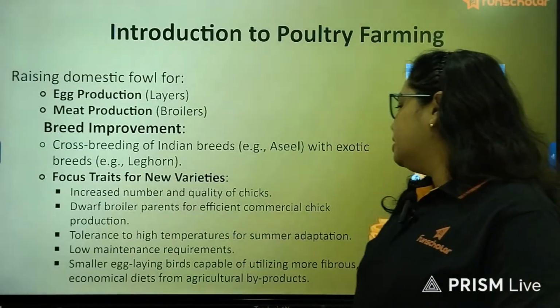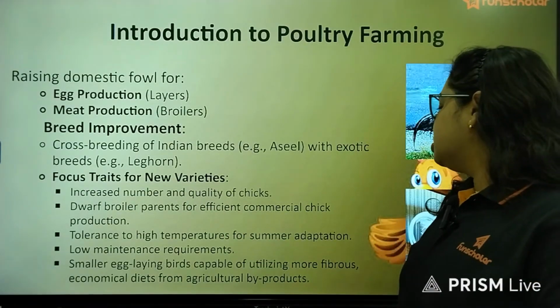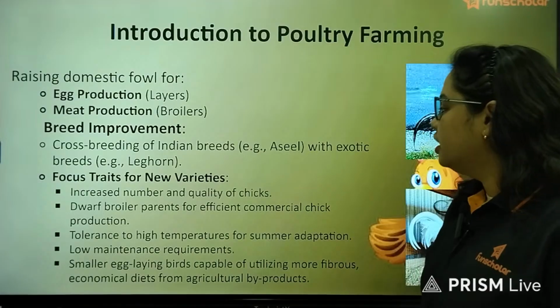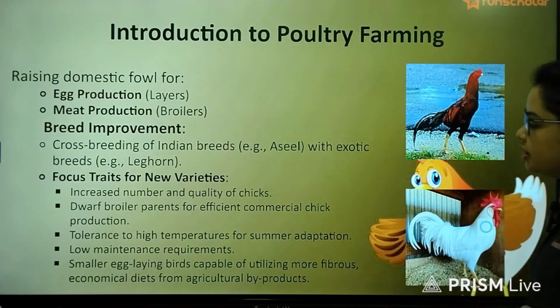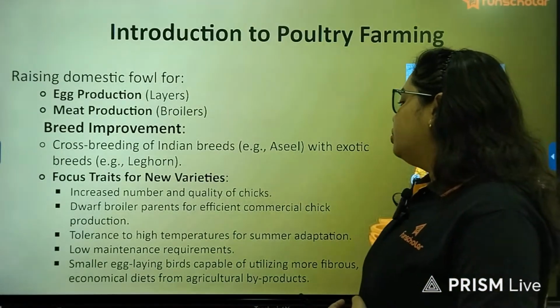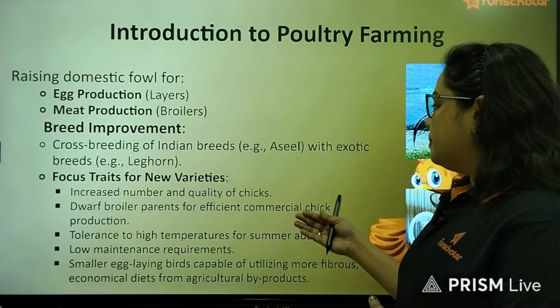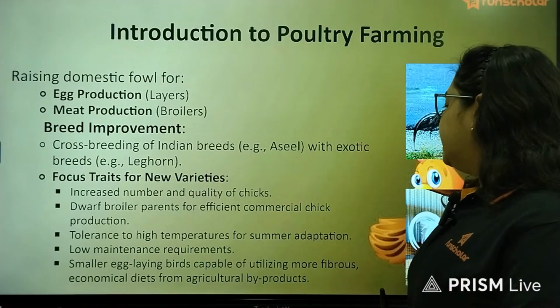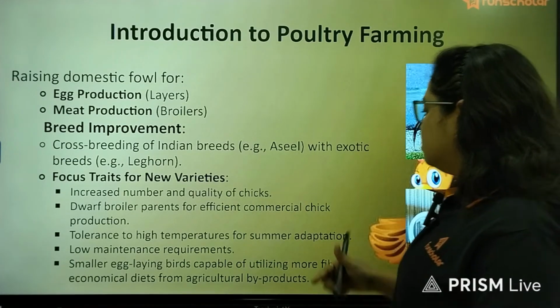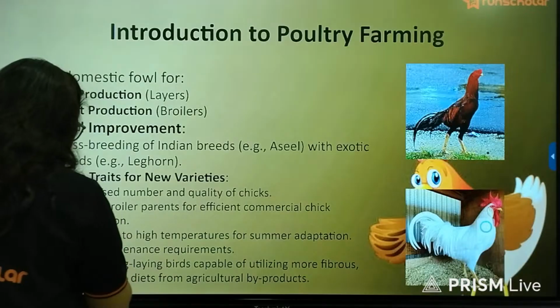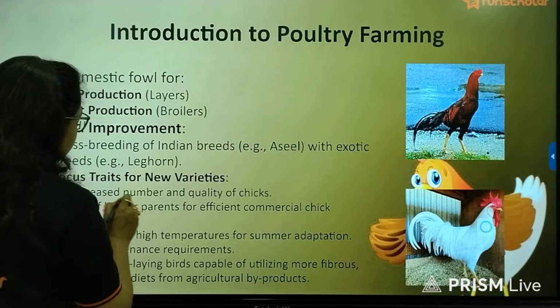Dwarf broilers as parents for efficient commercial chick production are preferred, because, as already mentioned in the video, they will be used as meat, and also they are... just a moment, not dwarf broilers, sorry, this will be dwarf layers.